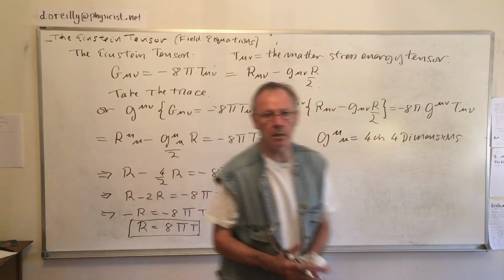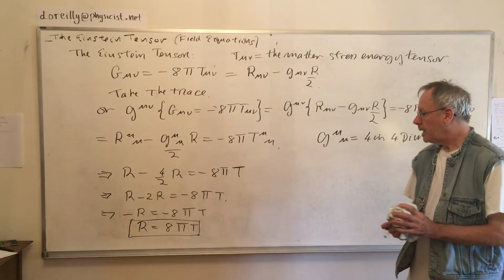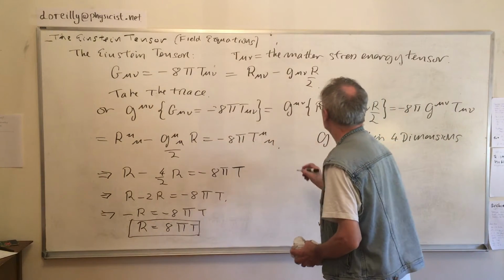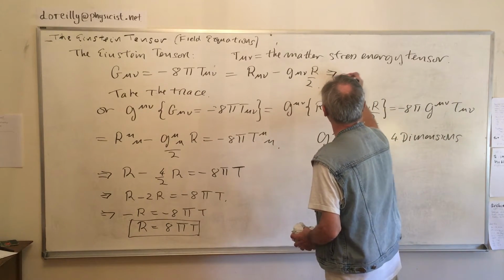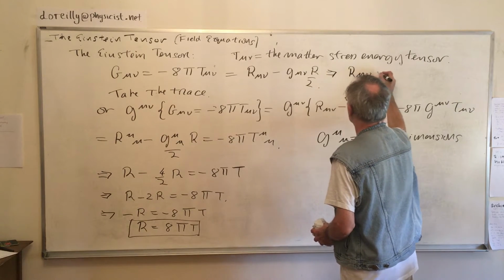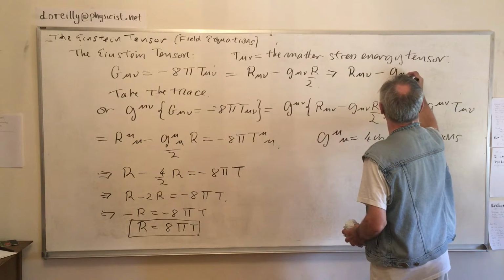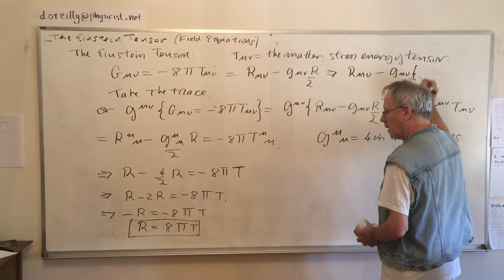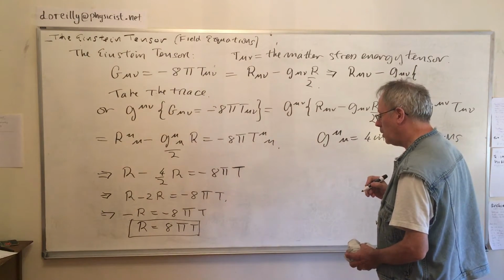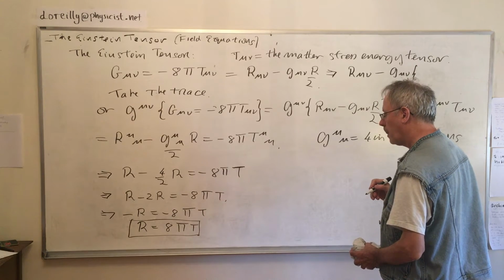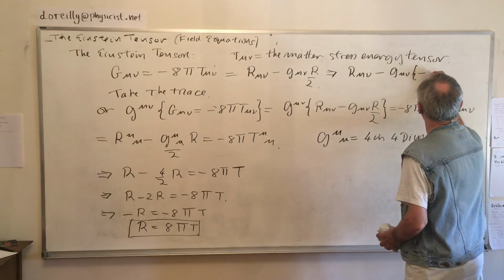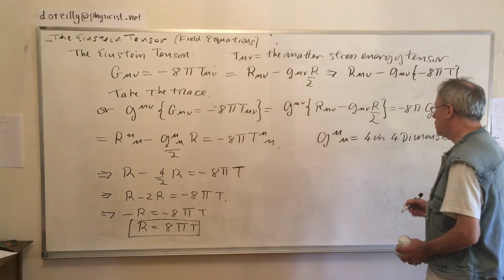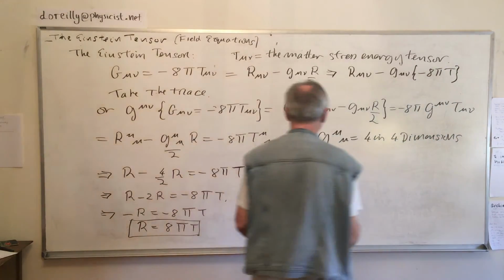And we get the spectacular result that the curvature scalar in this case is 8 pi T. Okay? So let's substitute that back into here. Now is that a negative 8 pi T? No, it's positive. Let's check. We'll substitute in the result.